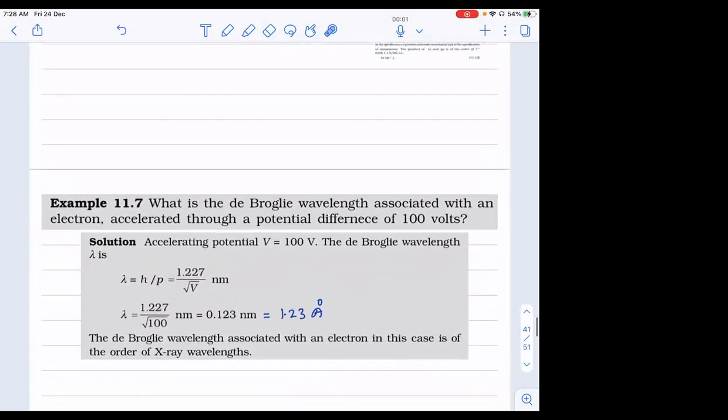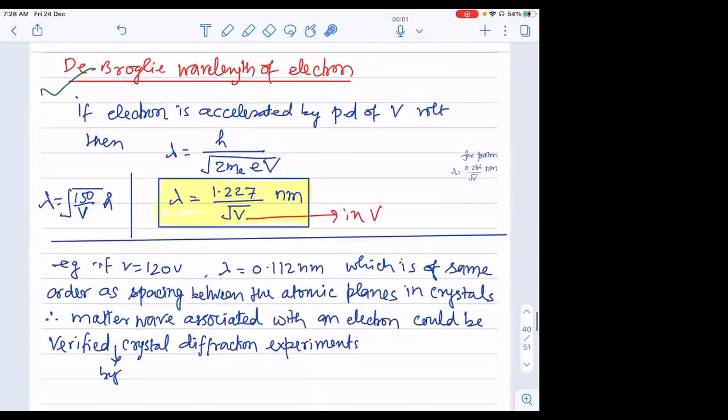Yes, sir. Okay. So we saw this one: de Broglie wavelength of electron. After that, I explained to you that the spacing between the atomic planes is of the same order. Therefore, diffraction can be checked.